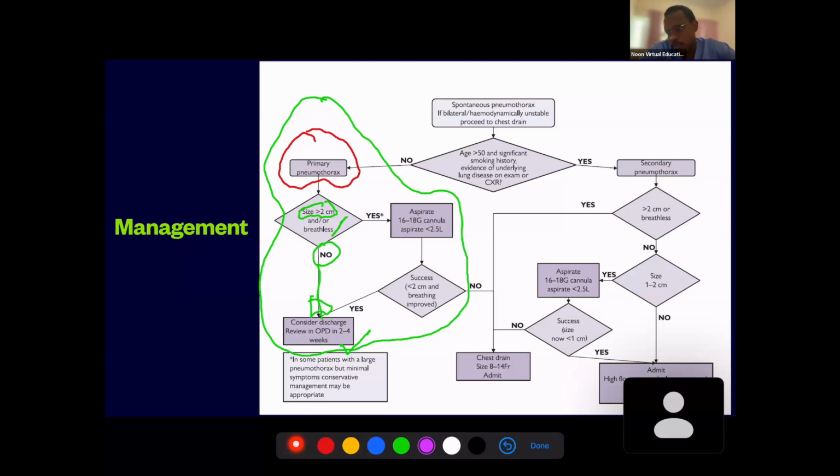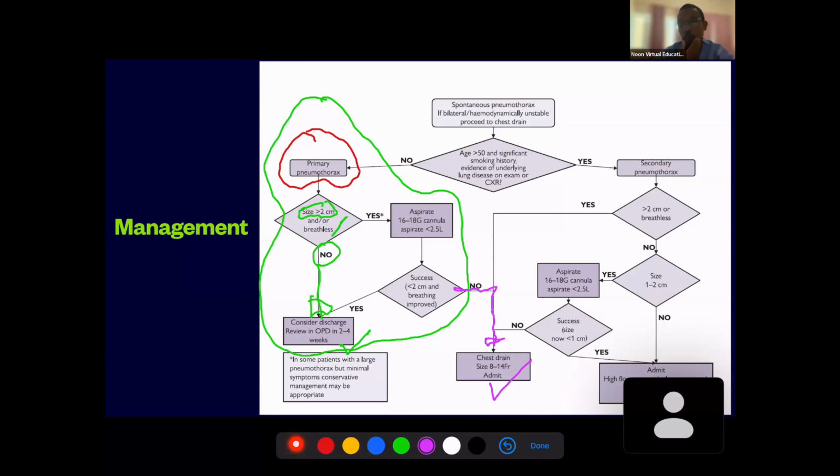You will admit the patient and go for chest drain. Just drain, exactly. Just drain, admission, finish. Primary pneumothorax finished.